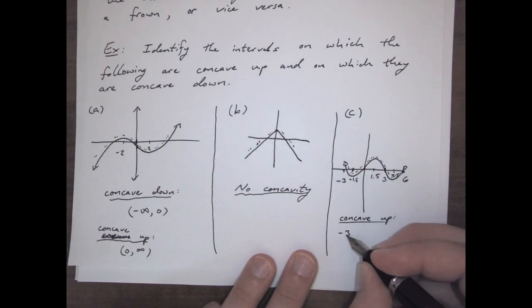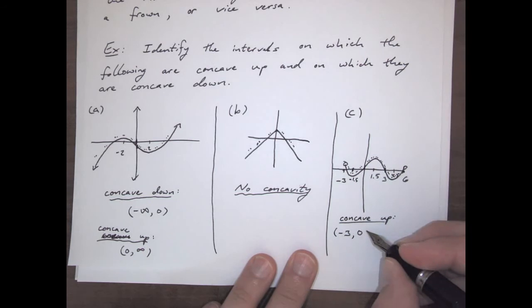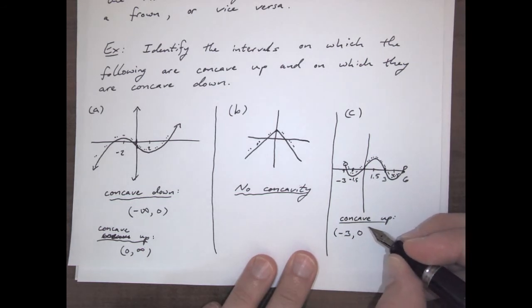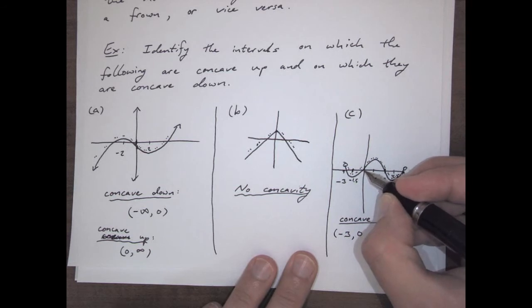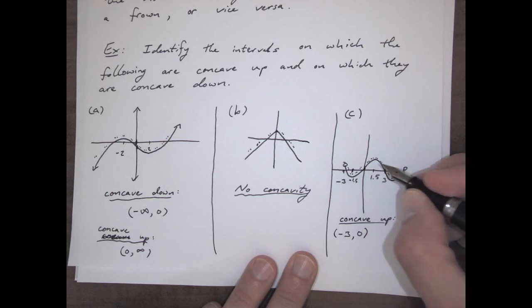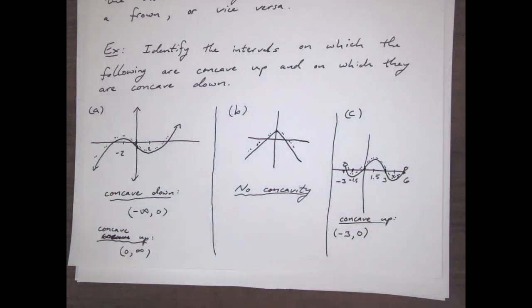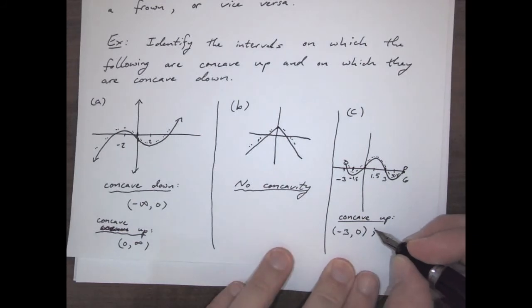One is negative 3 to 0, and again, because the circle is open, that means the negative 3 is certainly not included. Borderline points are always a little bit iffy no matter what. And here, we are not going to say that that point is either concave up or concave down, because it's an ambiguous little turning point. So there's that interval.